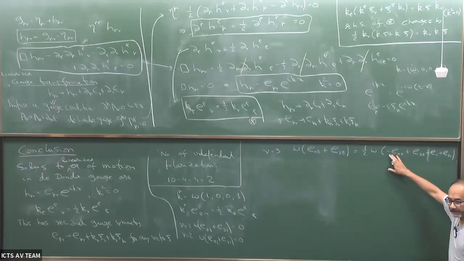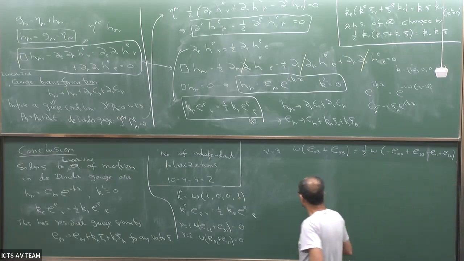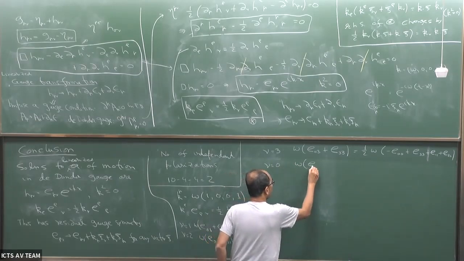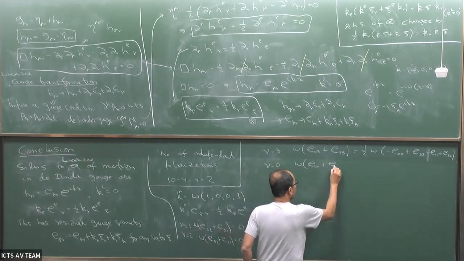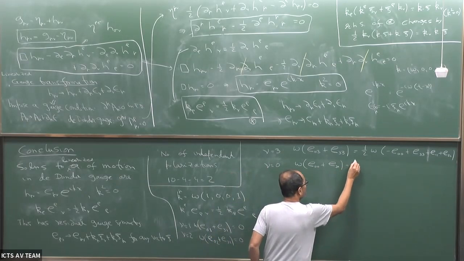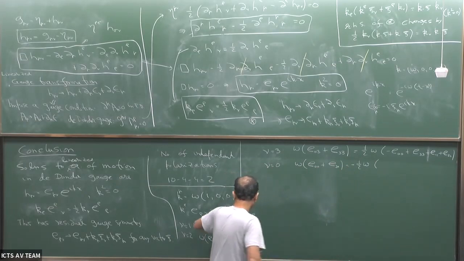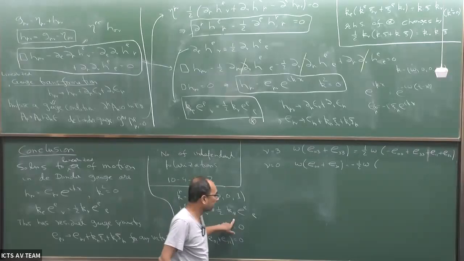That's why you see the minus sign here. And for nu equal to 0, you get omega times E00 plus E30 is minus half omega, because K with lower 0 is minus omega, minus half omega times the same thing.